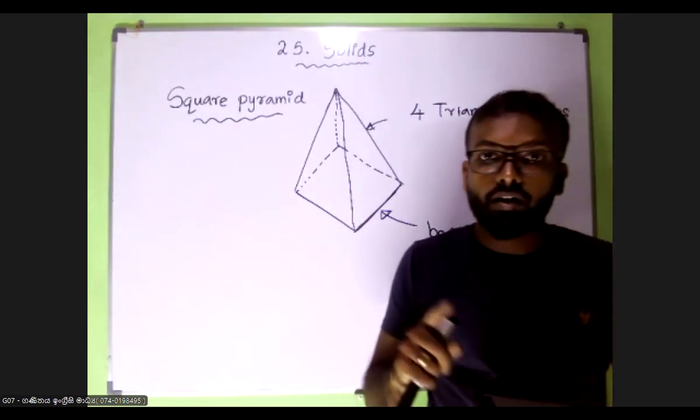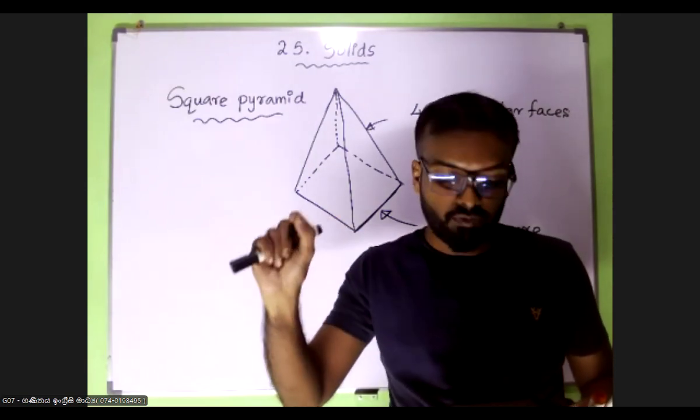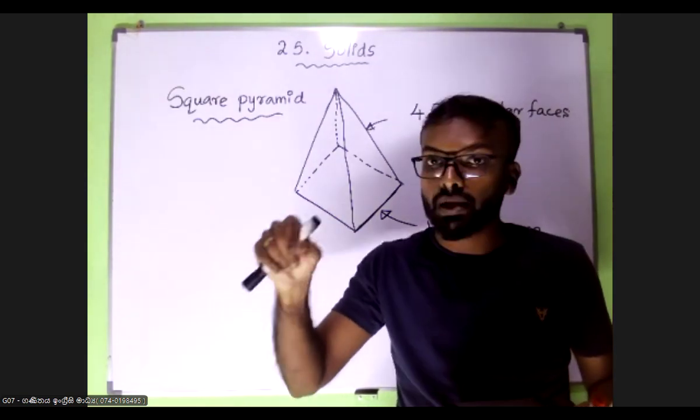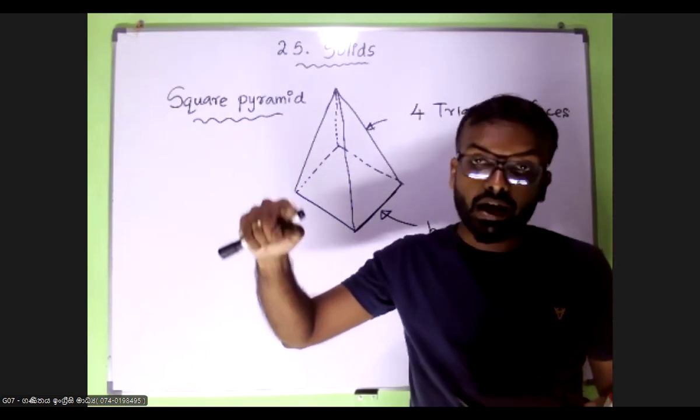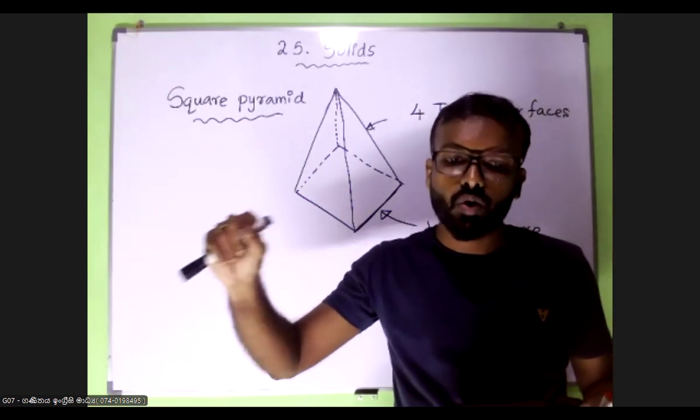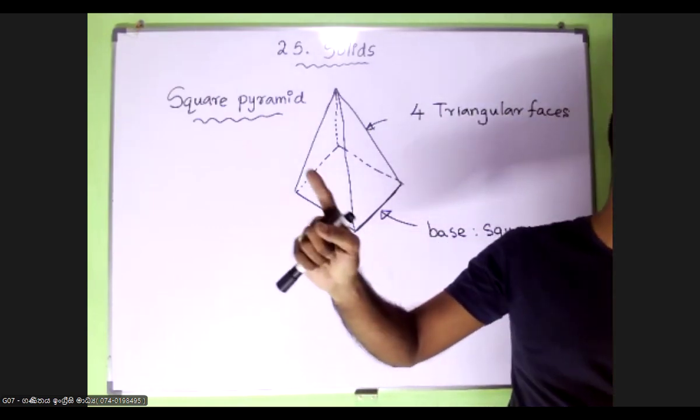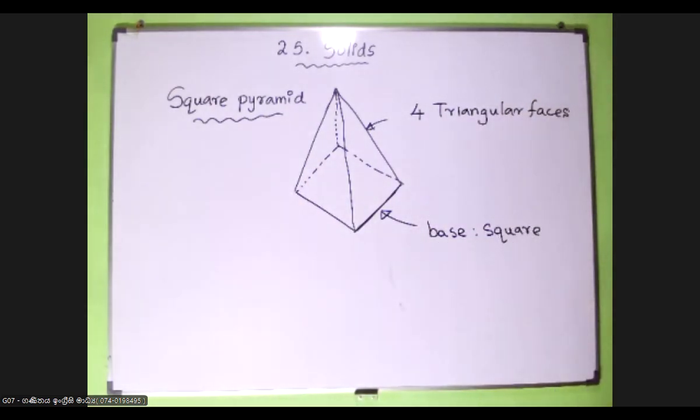I will read it again. A solid object with a square base and 4 equal triangular faces is called a square pyramid.